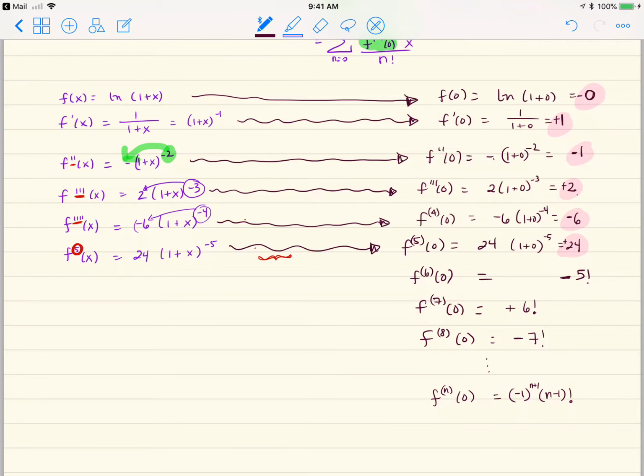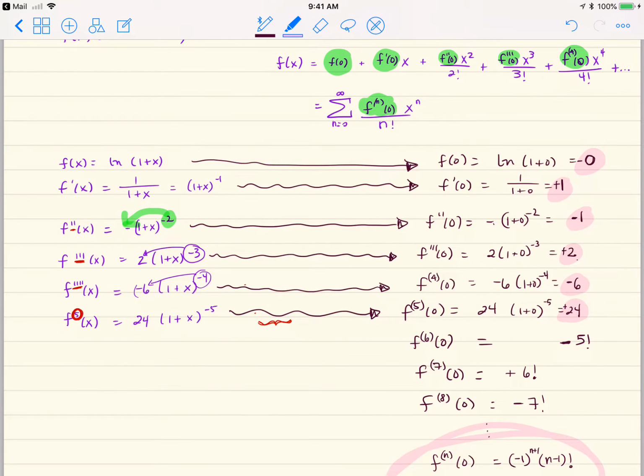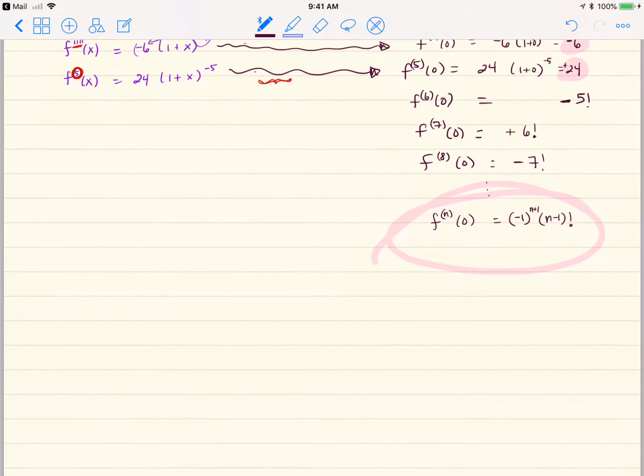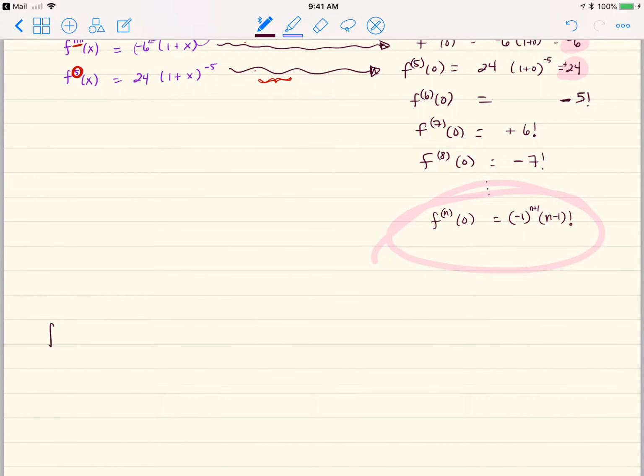So we can take this and plug it into this formula to get our Maclaurin series. So f of x, which is equal to the natural log of 1 plus x, is going to be the sum.